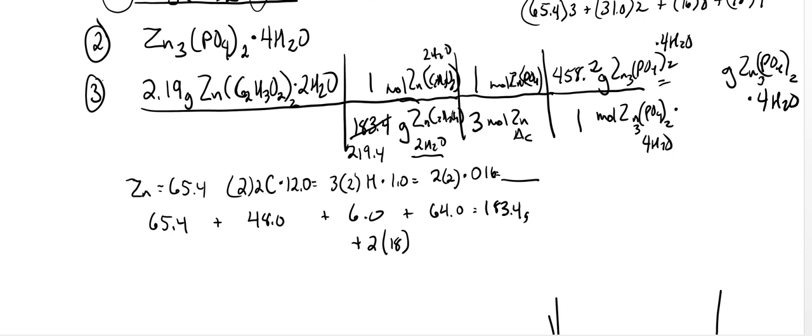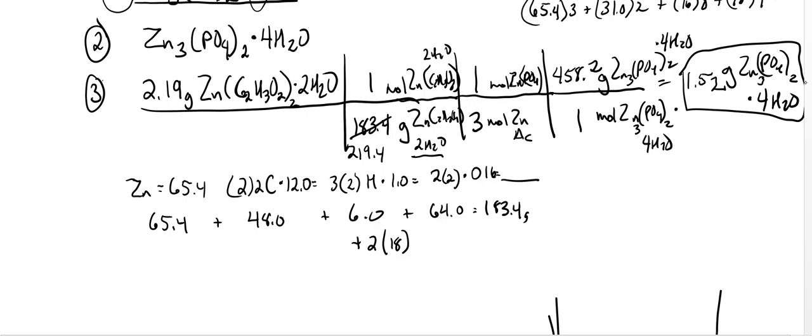Hit enter. Divide by 3. Hit enter. Multiply by 458.2. Hit enter. One more digit. That is a possibility.